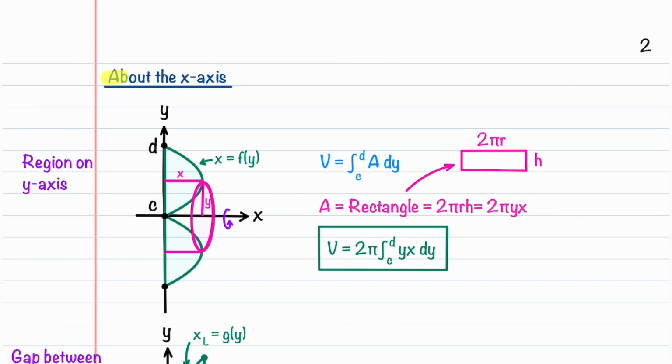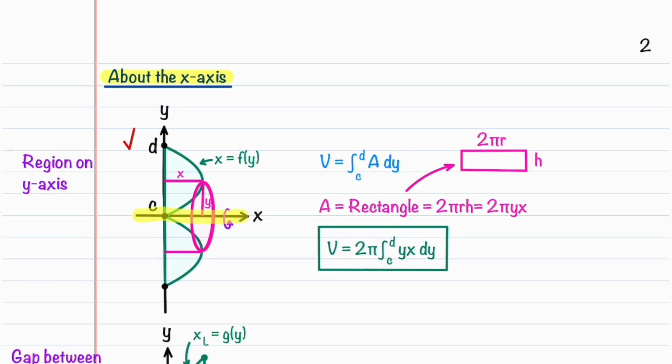Let's now go over the formulas for rotating a region about the x-axis. These formulas are very similar in structure to the formulas that we just looked at for rotating a region about the y-axis, but now the integration is in terms of y instead of x. In this first diagram, we have a region that sits on the y-axis.